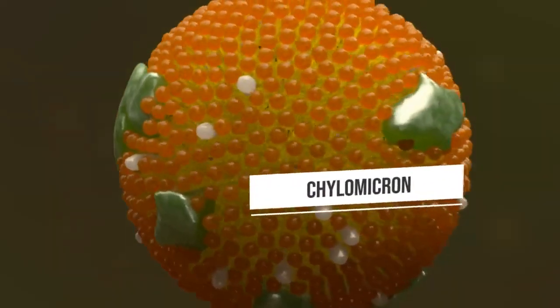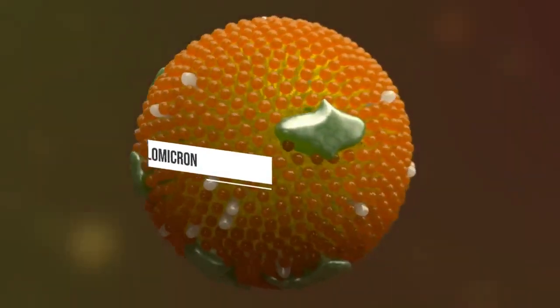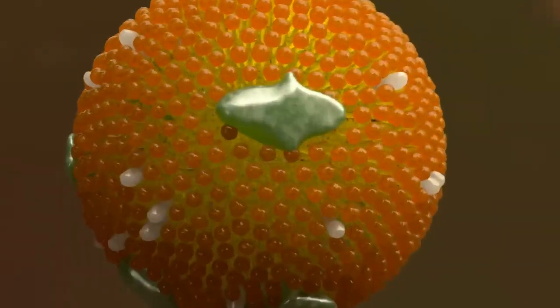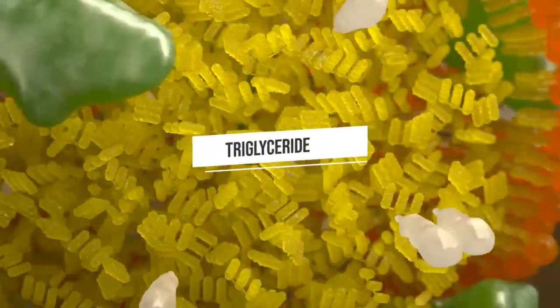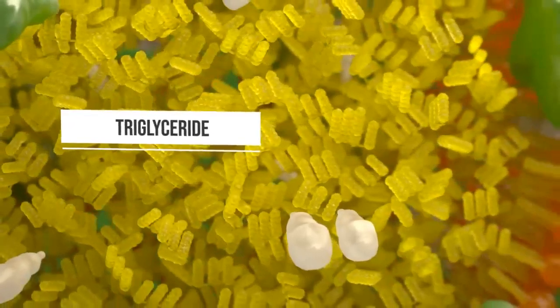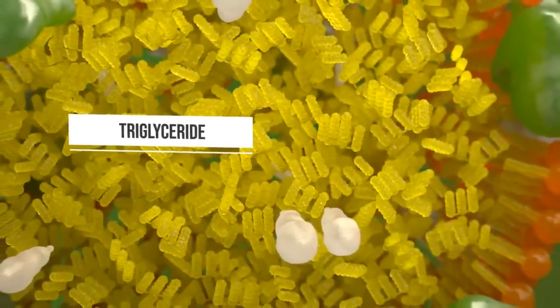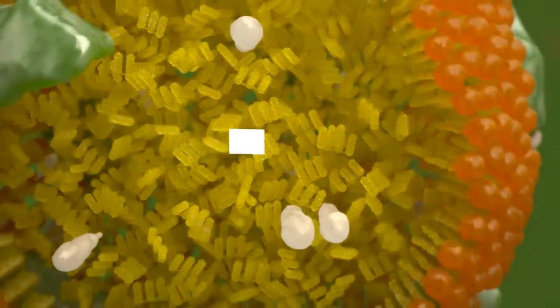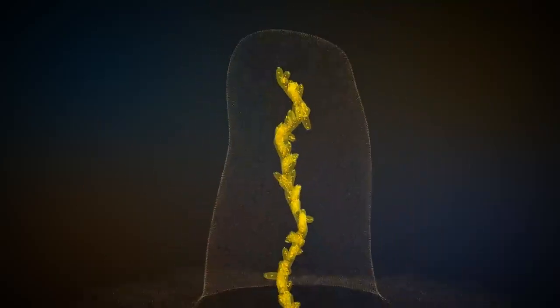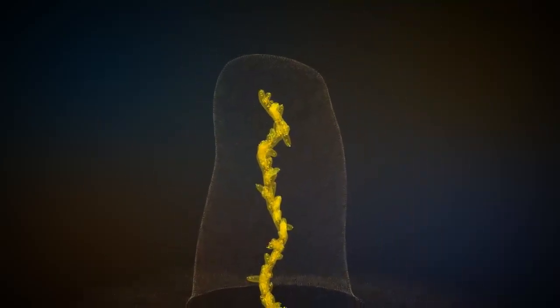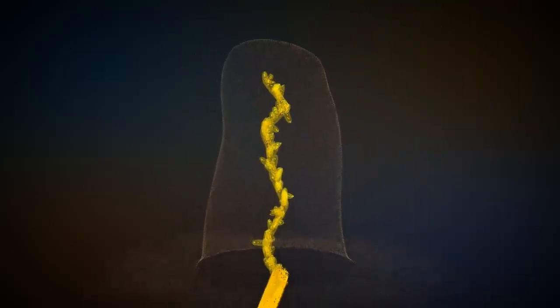The triglycerides to be transported are virtually enclosed in the lipoprotein. Chylomicrons and triglycerides are then transported through the lacteal of the villus.